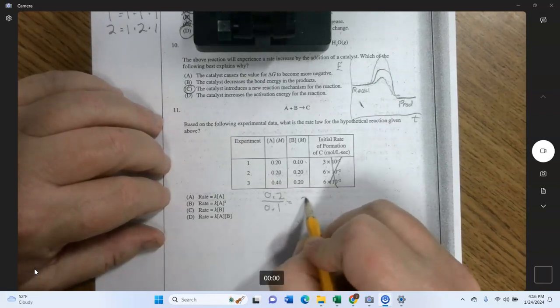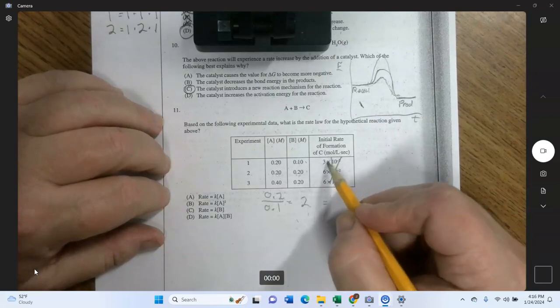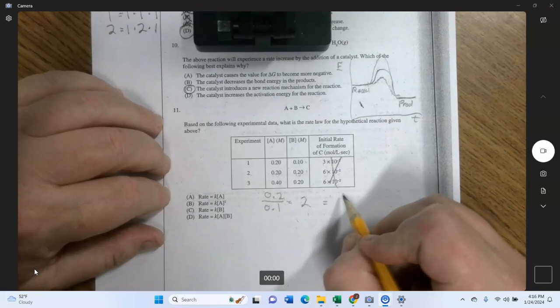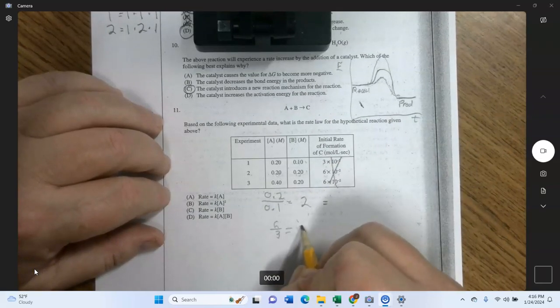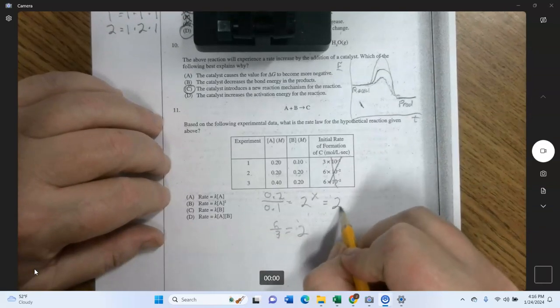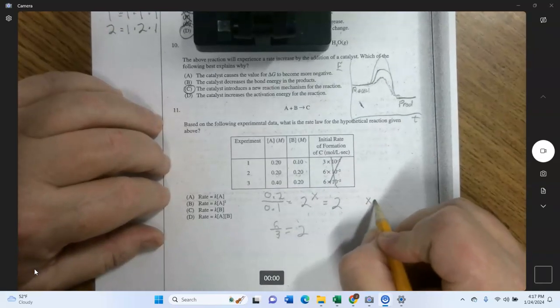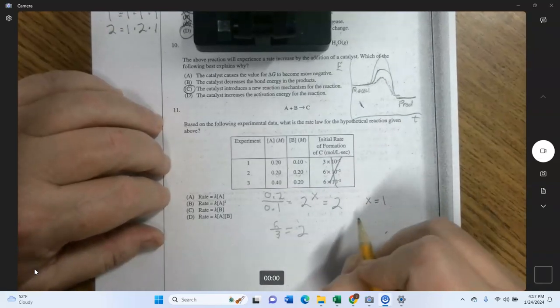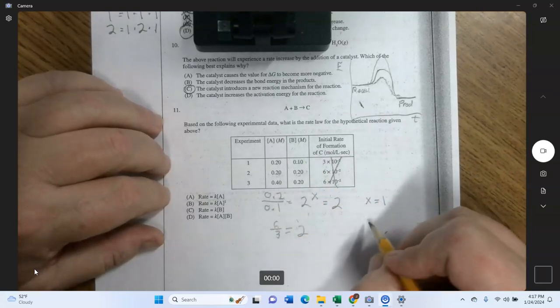That equals 2. And the rate went from 3 to 6, so we put 6 over 3. And that equals 2. So it's 2 to the x equals 2. So 2 raised to what power gives you 2? The answer is x equals 1. Okay? All right. So that means B is a first order.